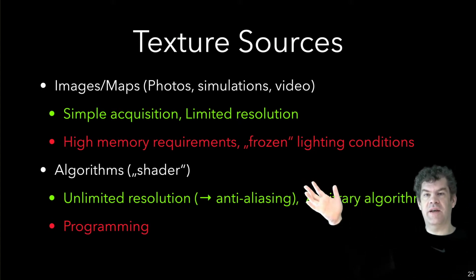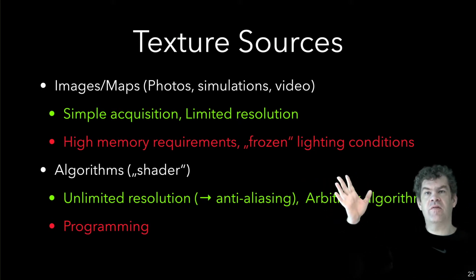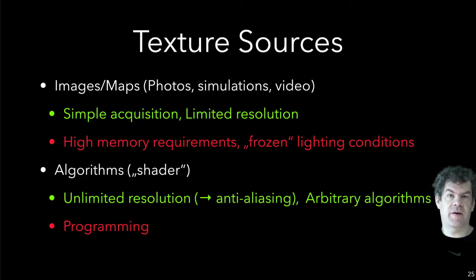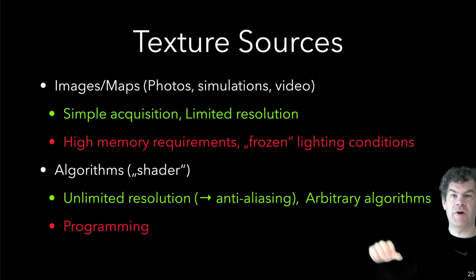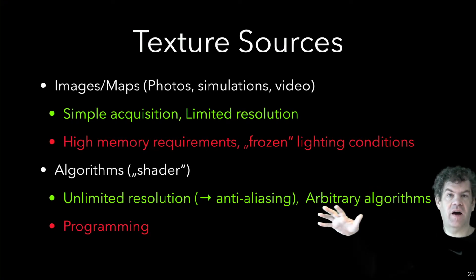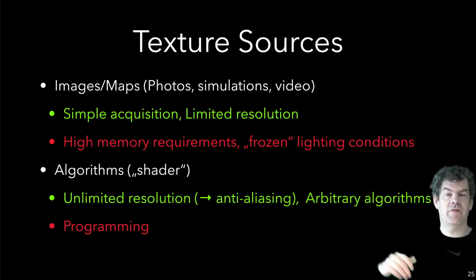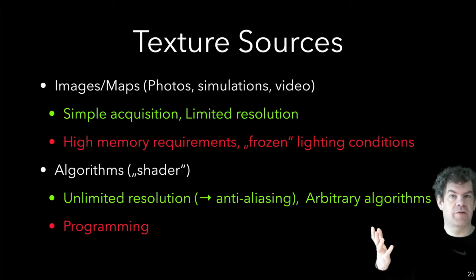On the other hand, a texture doesn't always have to be this discretely sampled thing from an array. It can literally be a function, like sine u times cosine v or so, which would create a wavy pattern. The advantage of that one is it's got unlimited resolution, assuming that I can evaluate my function at an arbitrary resolution, and I can throw in whatever algorithm I want.